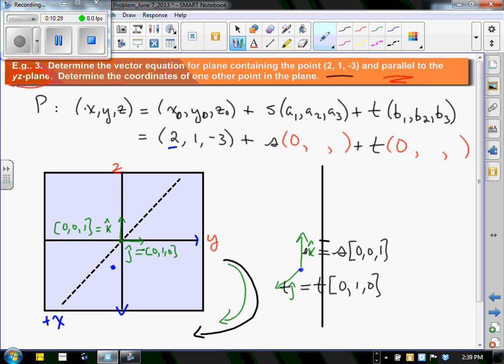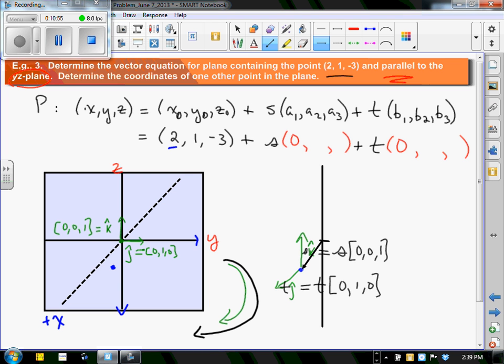Now to finish the problem off, recall that we do have to add on a vector that comes from the origin. Let's say the origin is here and moving out to that point there, that would be the vector r naught that we had seen earlier in the lesson.